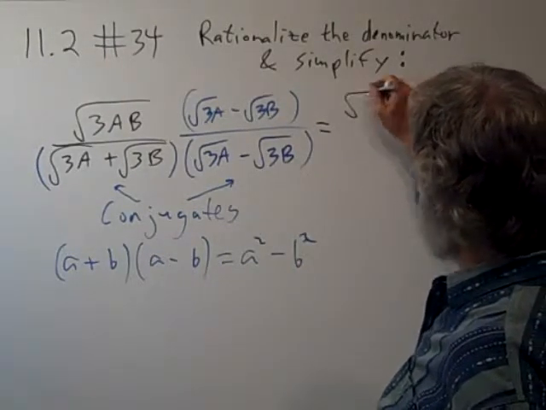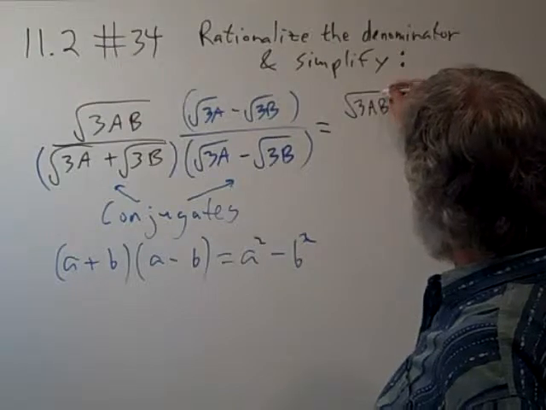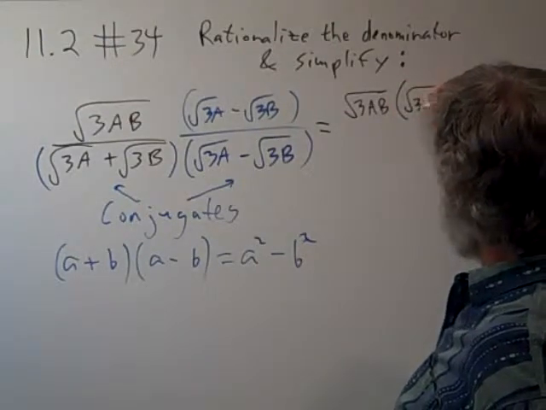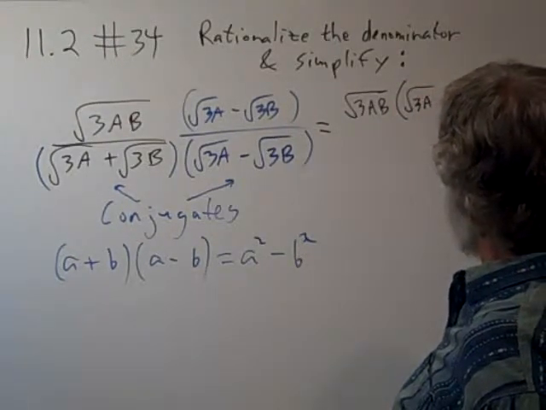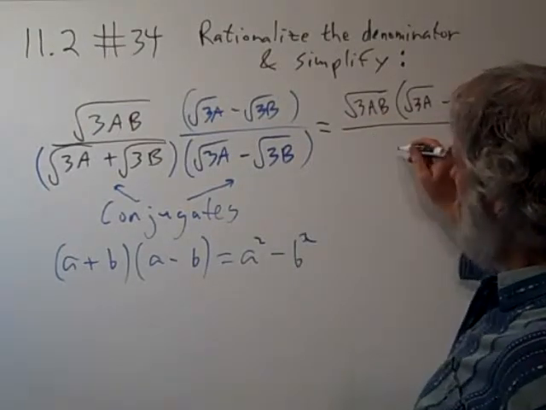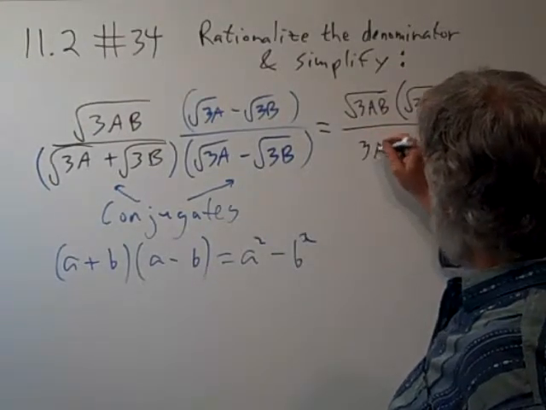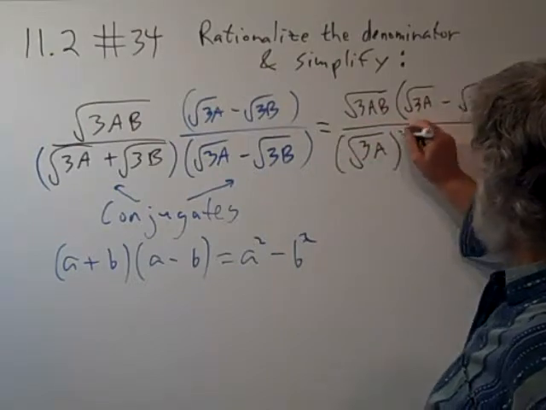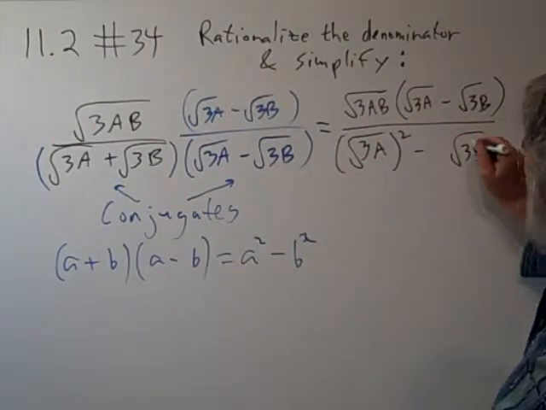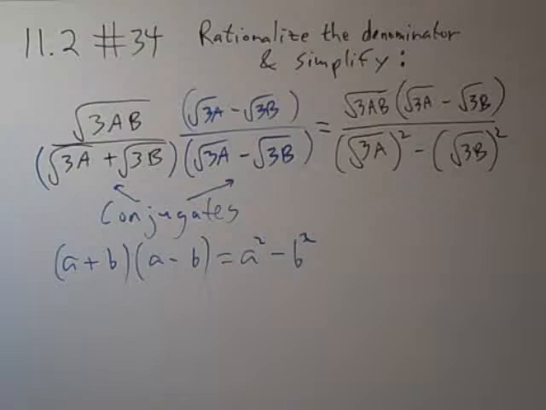So we have radical 3ab times radical 3a minus radical 3b, divided by radical 3a squared minus radical 3b squared.